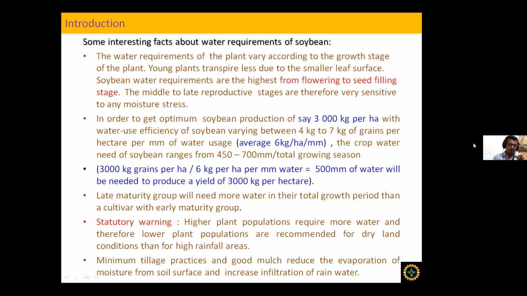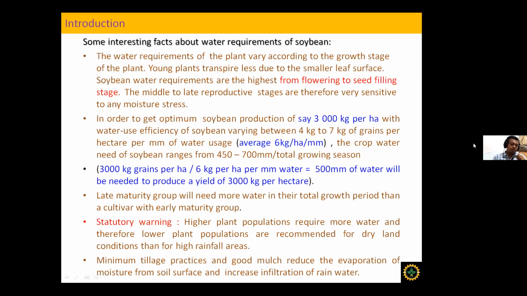Another interesting effect about the soybean, in terms of water requirement, is that a late maturing group will need more water for its total growth period than a cultivar of the early maturing group. A kind of statutory warning is that a higher plant population requires more water, and therefore lower plant populations are recommended for dryland conditions than for high rainfall areas.